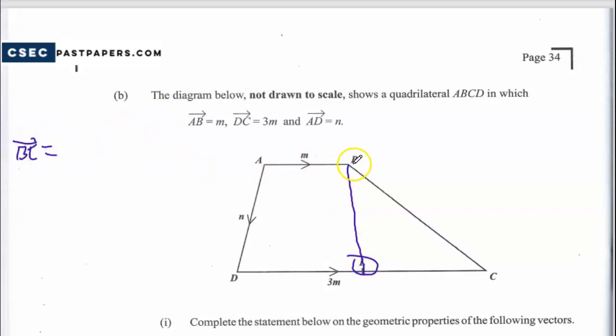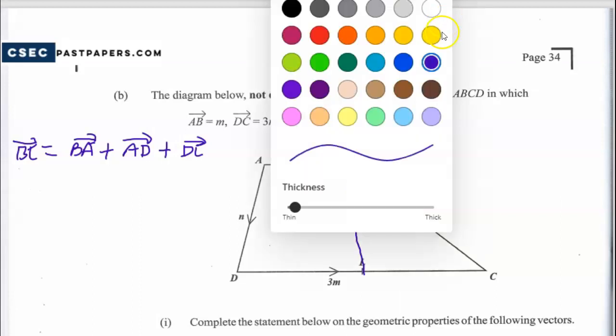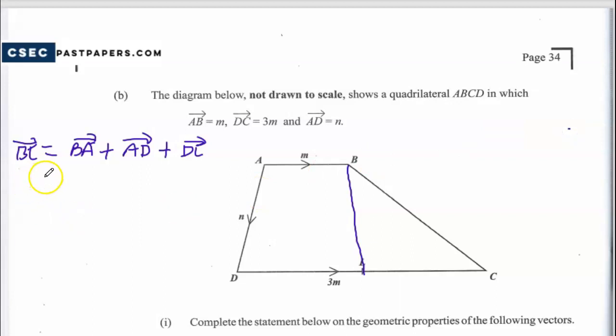To get from B to L, we can go B to A, plus A to D, plus D to L. So we want to reach DL.